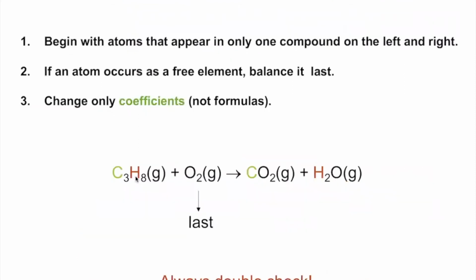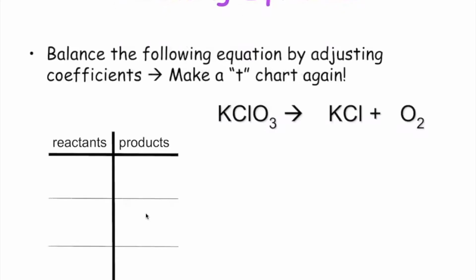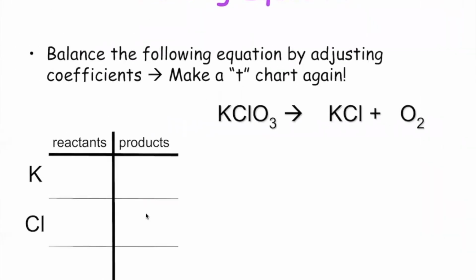As I mentioned, when you are balancing an equation and you see an atom such as oxygen alone, leave it until the end. It'll just make your life easier when you are balancing. Here we have another example where you should take your time and do a T-chart. You have potassium chlorate, potassium chloride, and oxygen.